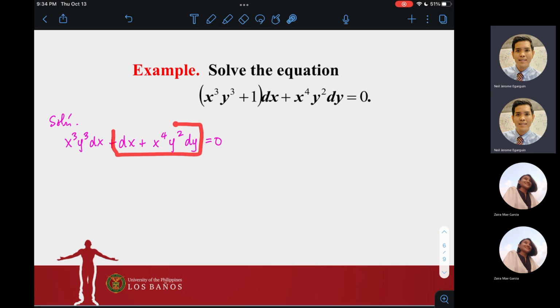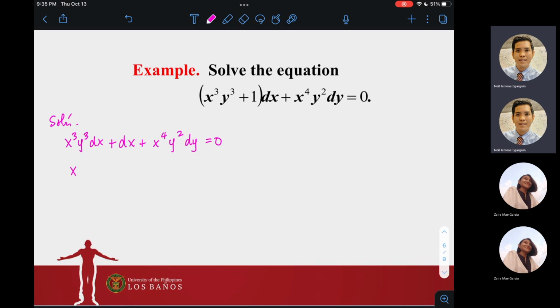Pag pinag-pair mo yung second and third, ano mangyari? Wala ka na magagawa, right? Kasi wala na tong coefficient, so hindi siya papasok dun sa mga form na nakita natin dun sa isa sa mga unang slides, right? So I guess we don't have any choice but to pair, or to group the first and the third terms in the left-hand side.